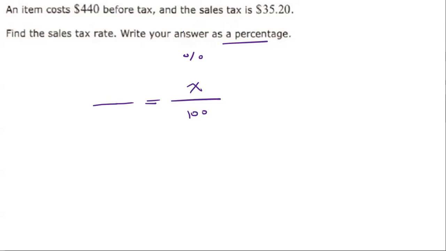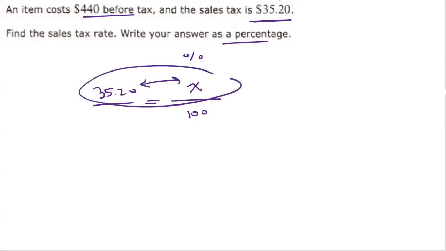It says here an item costs $440 before tax, and the sales tax is $35.20. So we're trying to find the tax. What was the percent? In this case, we need to put 35.20 on the top, because these two items are talking about each other.